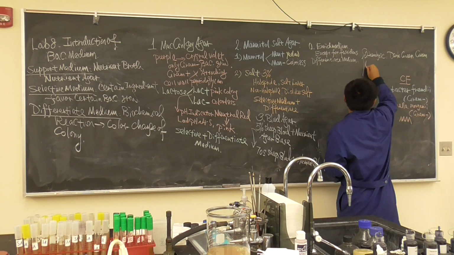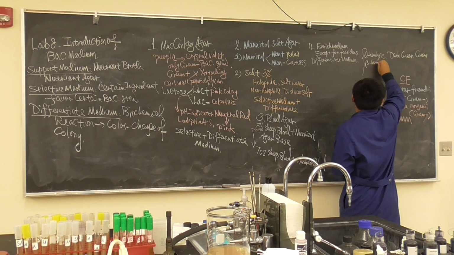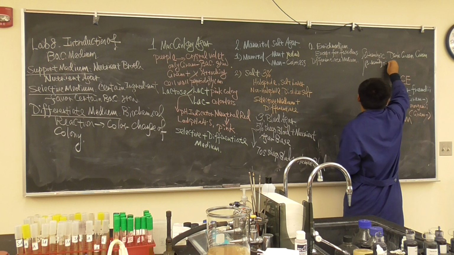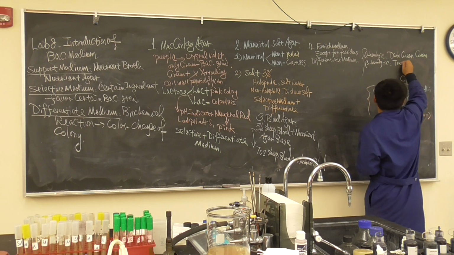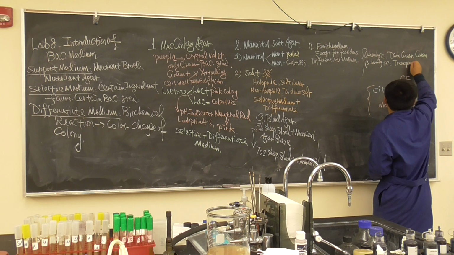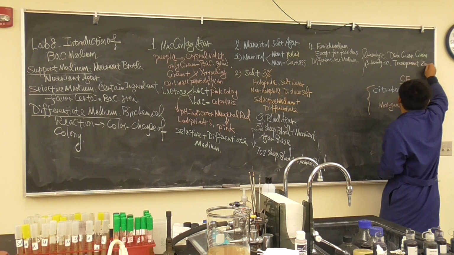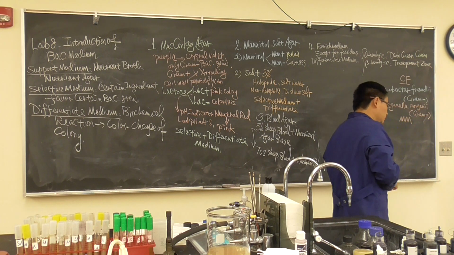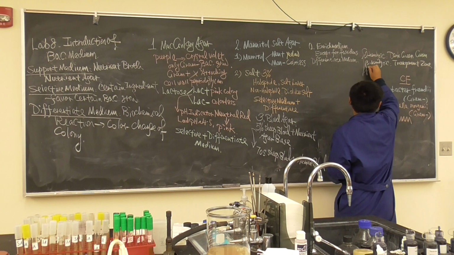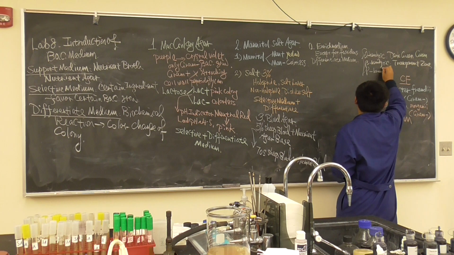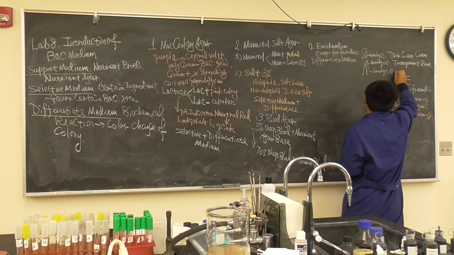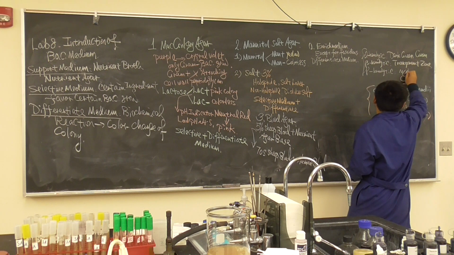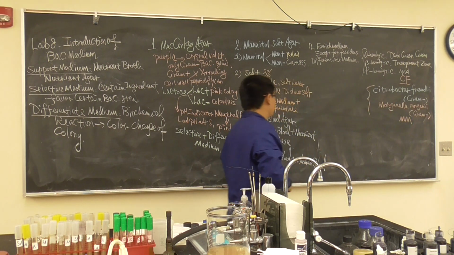Beta hemolytic means a transparent zone. The last one is gamma hemolytic, which means nothing happens here. Okay? So that's blood agar.